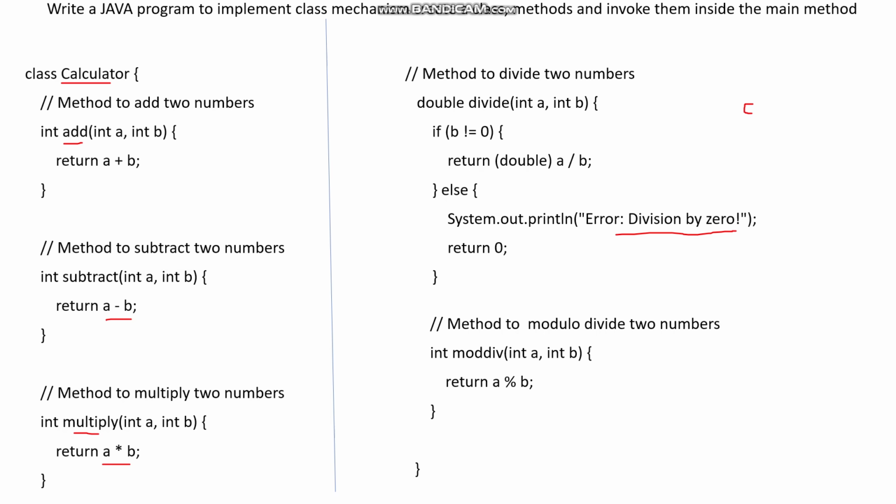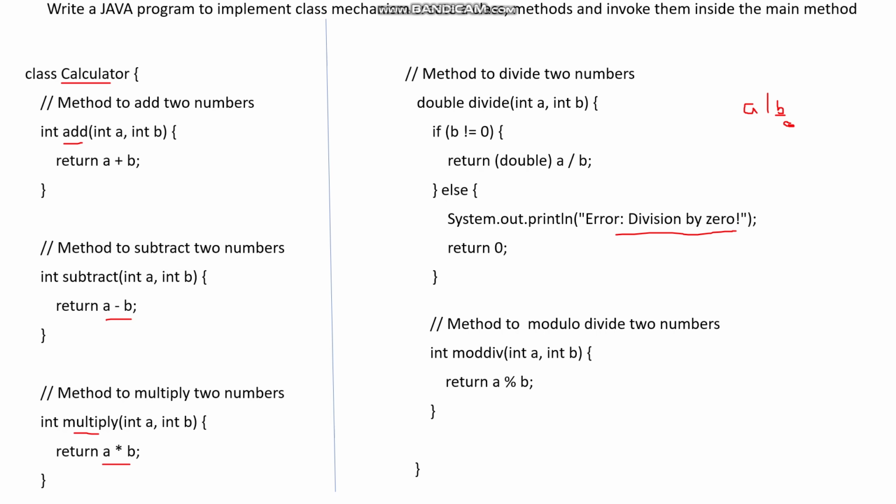Whenever we are doing a by b, and the b value is 0, a by 0 will go into the infinite loop. That's why, on the safe side, we are writing the code like this one. If b is not equal to 0, only at that time we return a by b. We are returning the a by b value. Otherwise, if the b value is 0, then the error division message will be displayed.